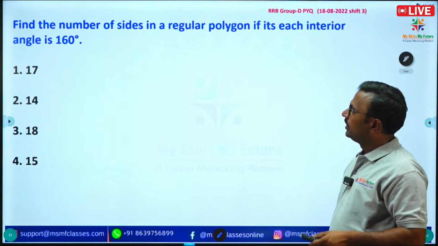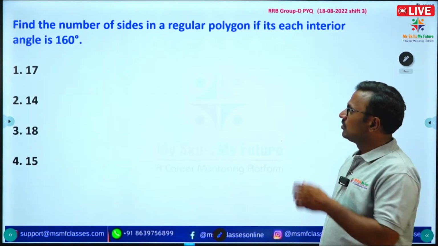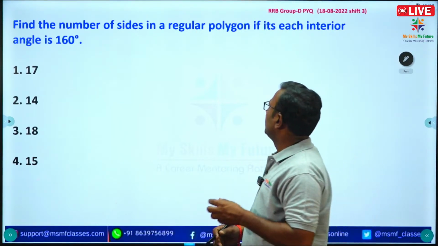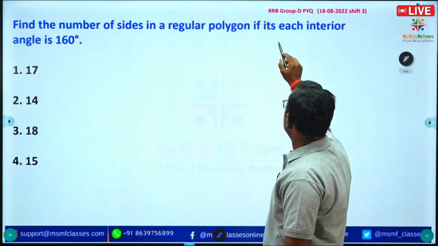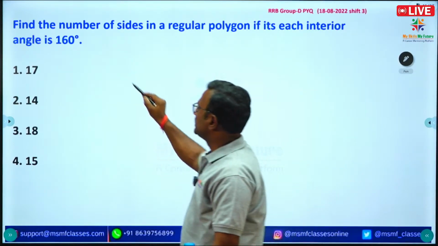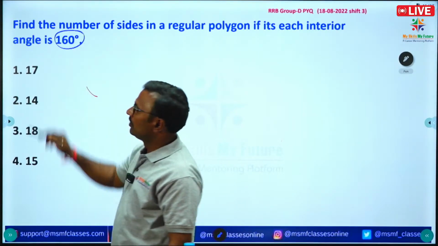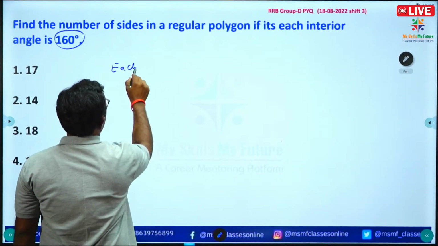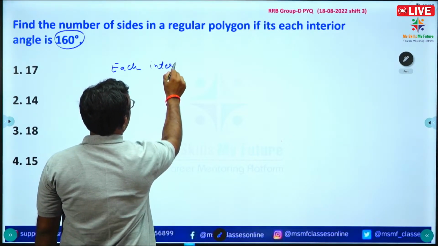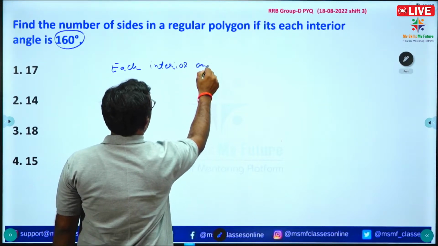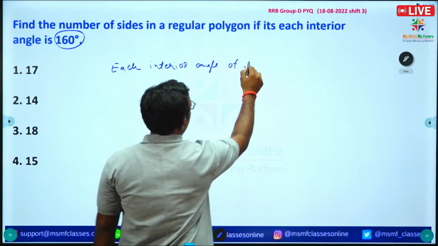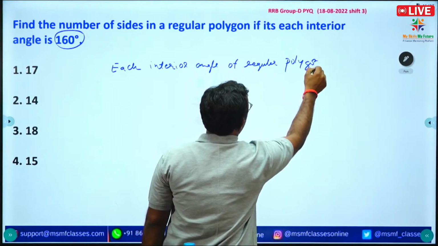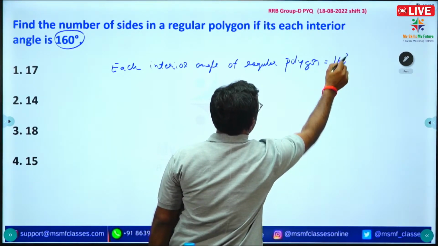Next question. See the question, find the number of sides in a regular polygon if each interior angle is 160 degrees. So they gave the interior angle of a regular polygon. How much is given? 160 degrees.